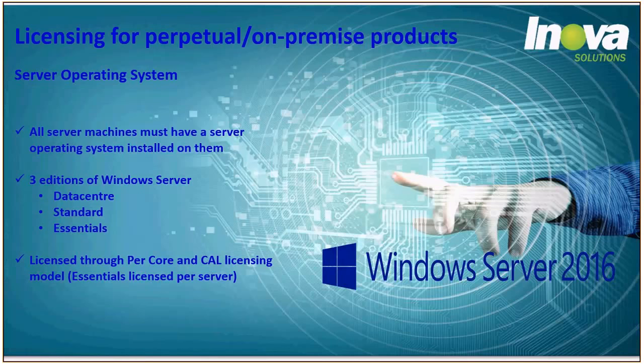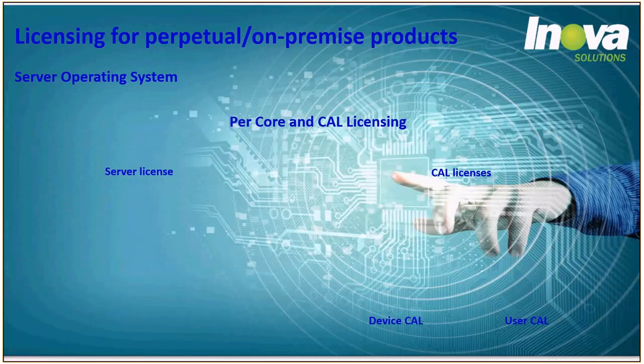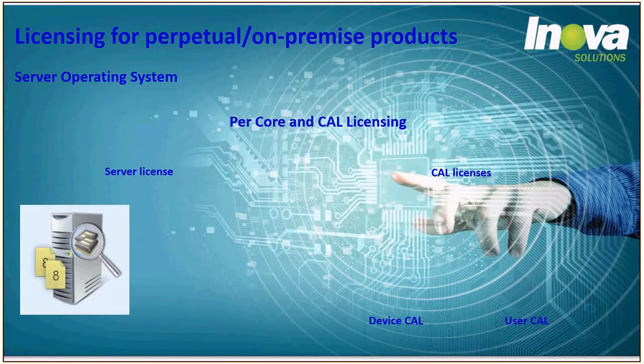So just to get in a little bit about the per core and CAL licensing, the purchase of core licenses is needed for each physical core in the server with a minimum of 8 core licenses per processor. So if your server has two processors with, let's just say, 4 cores each, you still need to purchase a minimum of 8 core licenses.